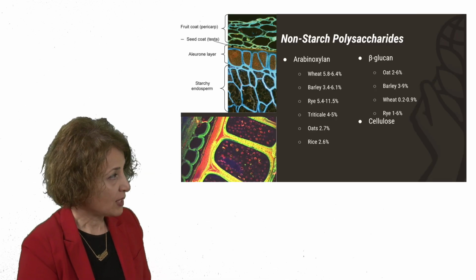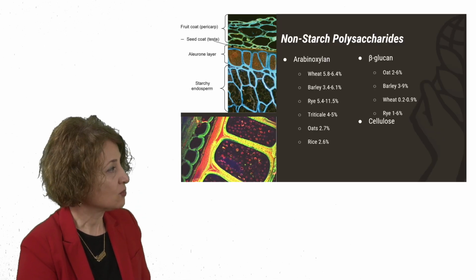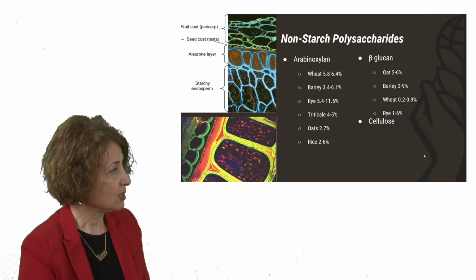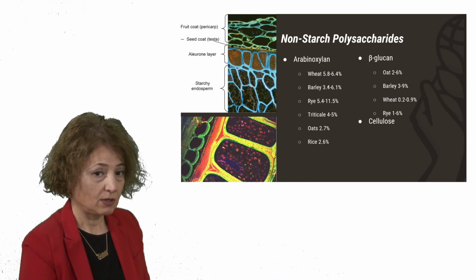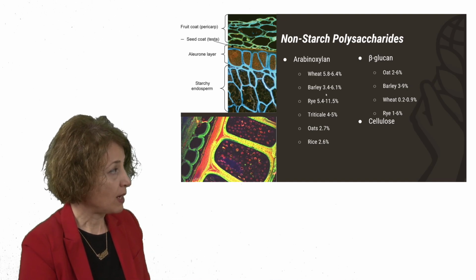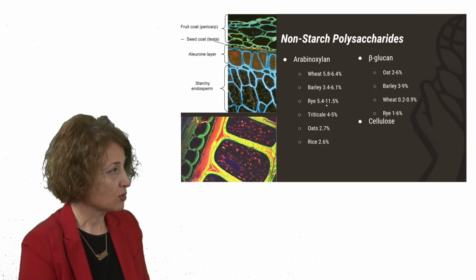So arabinoxylans are the major non-starch polysaccharides in wheat. As you can see in this figure, wheat has a very high percentage of arabinoxylans, followed by barley and rye, and rye actually has very high amounts of arabinoxylans compared to other cereals.